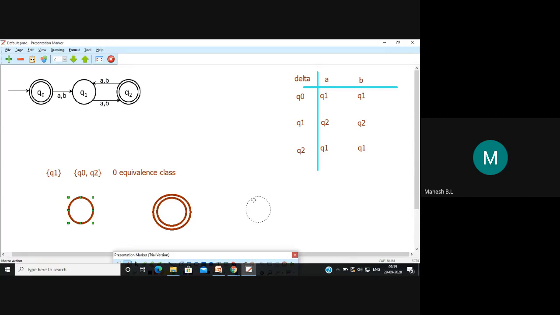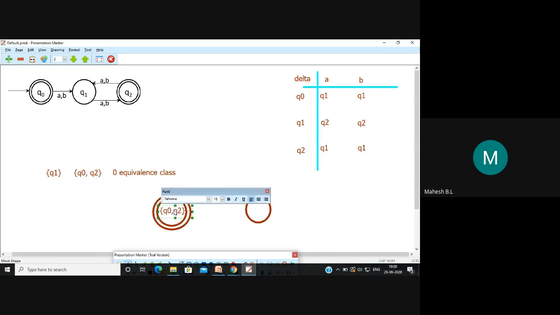So the initial state is the combination of Q0 and Q2. The class in which Q0 lies is itself going to be the equivalence class, so that state itself is going to be the initial state. This state is representing Q0, Q2.